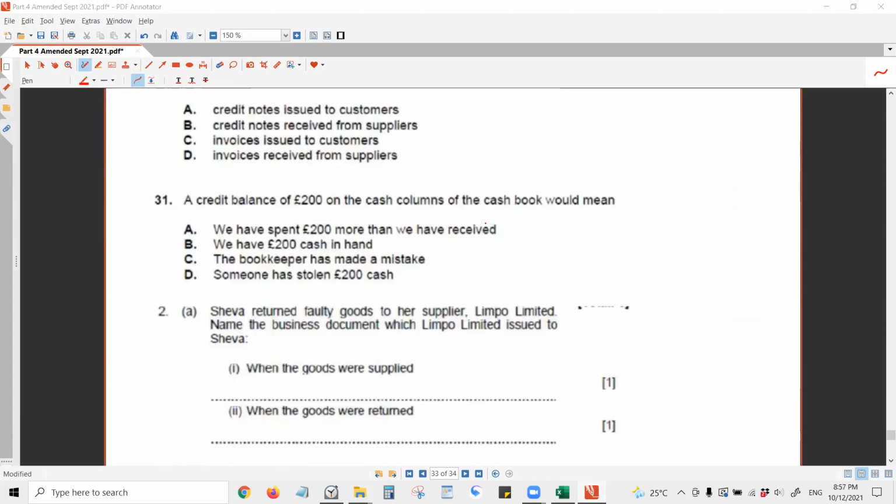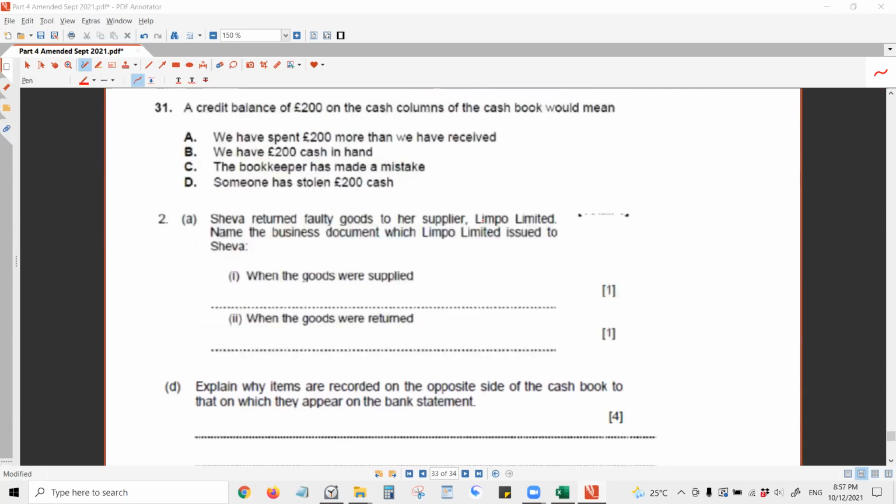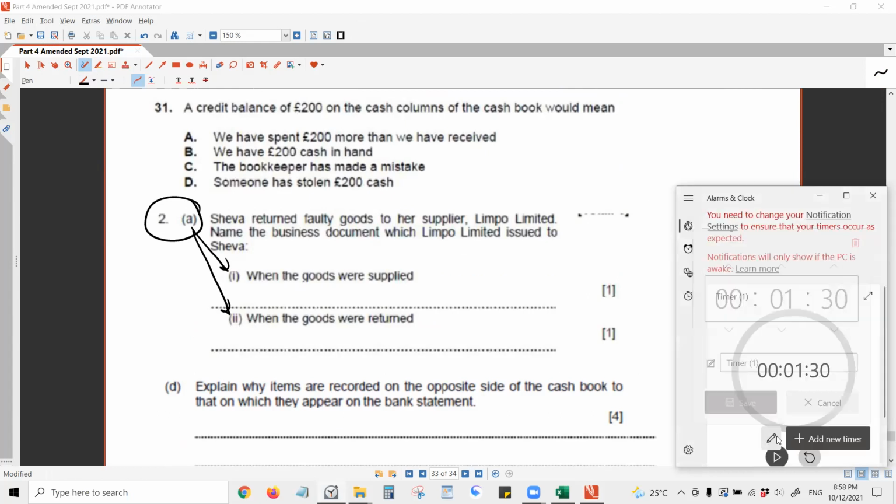Continue. Come to this page. This time you have a theory question, which you have to answer in words. Type your answers in the chat box. 2A1 and 2A2, you can begin. Give me two answers. I give you 1 minute and 30 seconds.